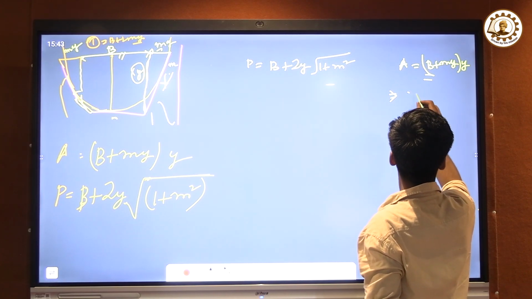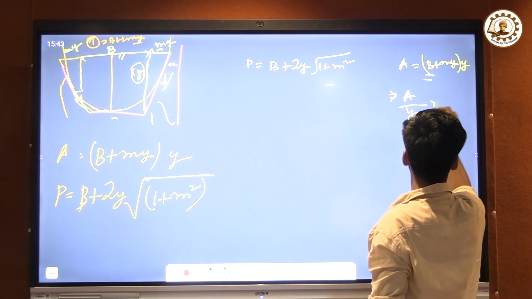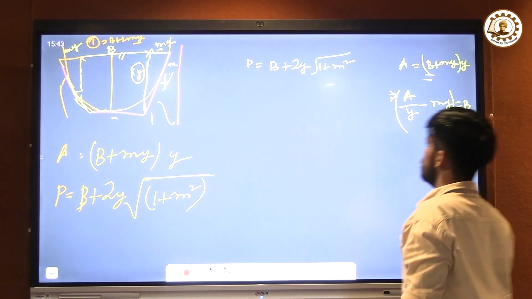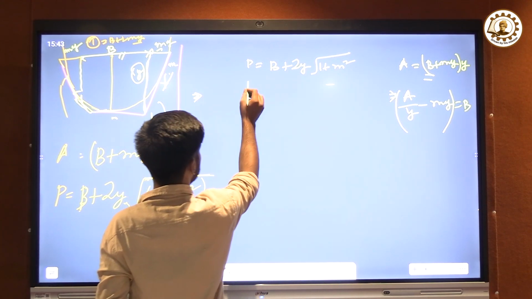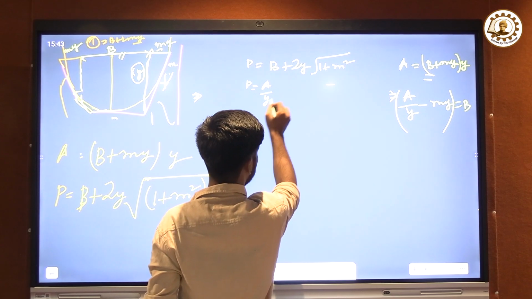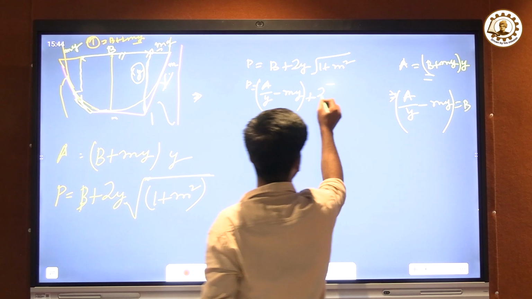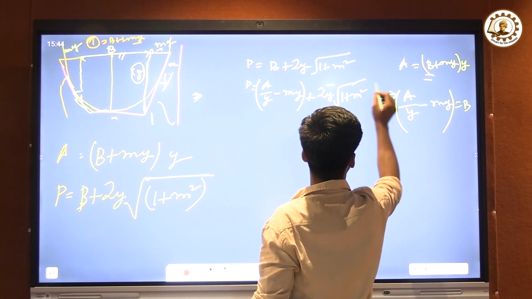Now the value of B will be A by y minus my. So P equal to A by y minus my plus 2y root over 1 plus m square.